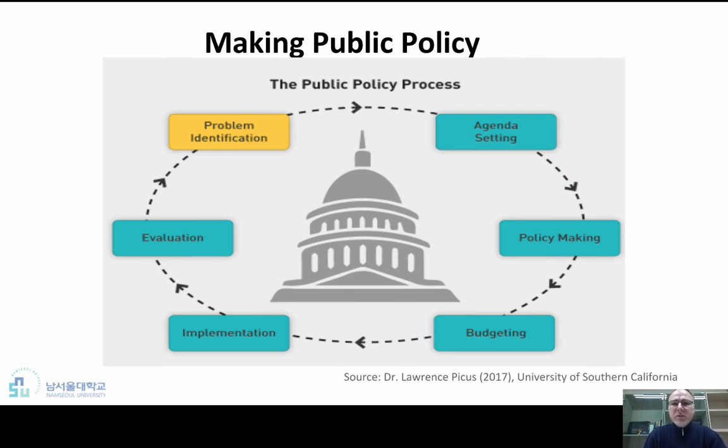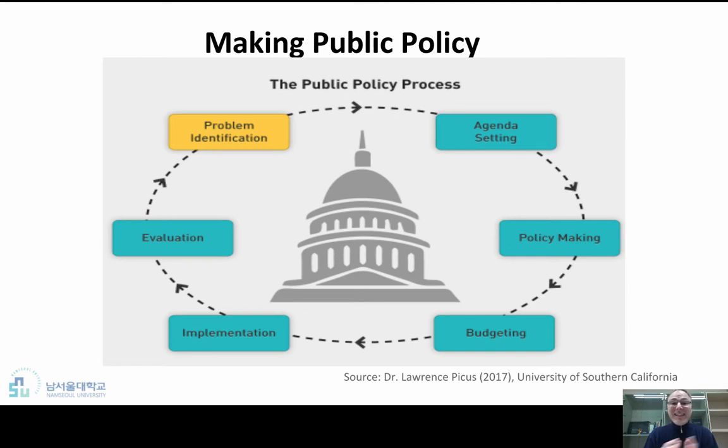So in terms of making public policy, this chart shows that cyclical drawing that I put up on the whiteboard at the beginning of the semester. It starts with the yellow box, that there is a problem identified, and the agenda setting stage is where that problem goes from being just a known problem to being a problem that is considered by decision makers.